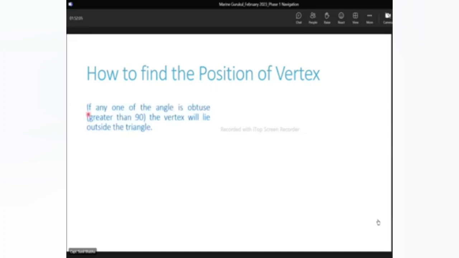Now, in case any one of the angles, angle A or angle B, is obtuse, obtuse means the angle is greater than 90 degrees, the vertex will lie outside the triangle. Let me show you with a diagram. We have the PAB triangle coming up on the screen.